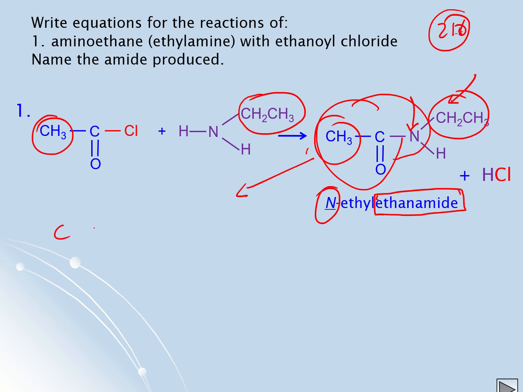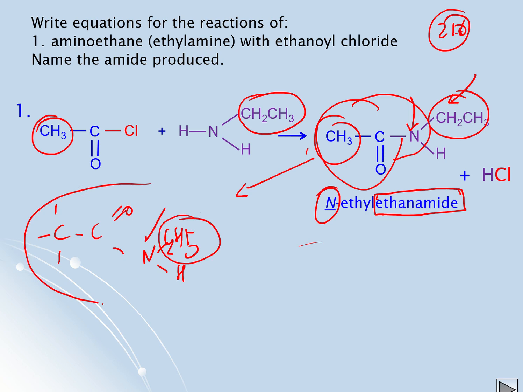So if we looked at just this compound here, that is ethanamide. We have now turned this to a C2H5 there. So we have got substitution on the N, N-ethyl, and we originally had ethanamide. Hopefully that makes some sense to you.